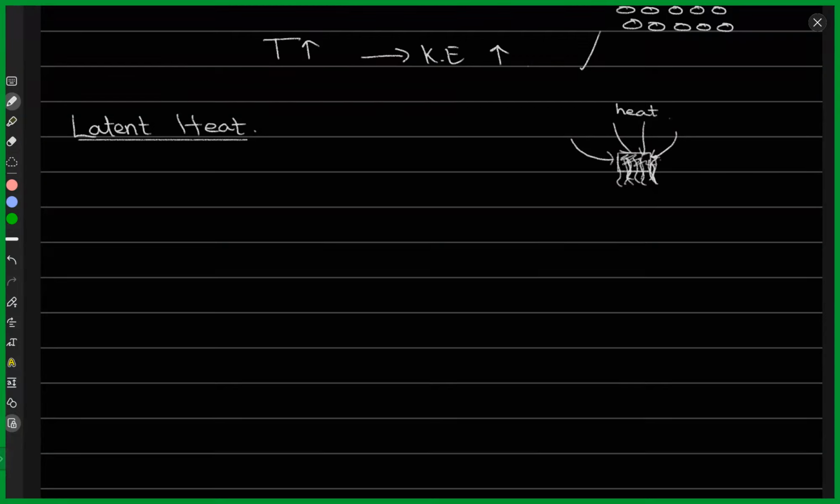So the heat is flowing from the environment to this block of ice, but the temperature is not being raised. Now that's something counterintuitive, right? You would expect that if you're giving it some energy, it should increase the temperature, but that's not happening. That's not happening because, any guesses?